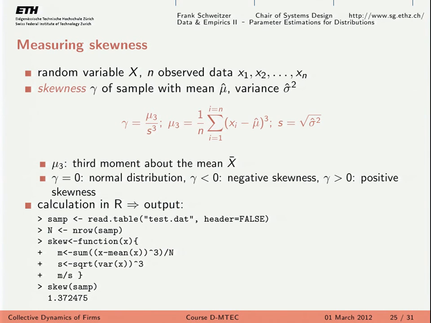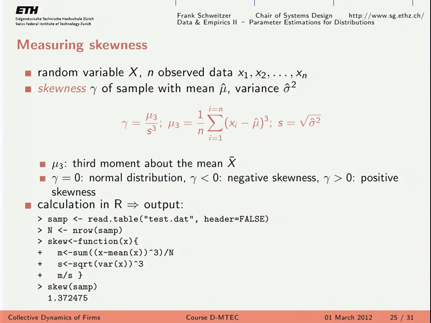And then we get one number back, and if the gamma is equal to 0 or very close to 0, then we talk about a normal distribution or a symmetric distribution. And if it's negatively or positively skewed, then we get this in terms of considerable numbers here.